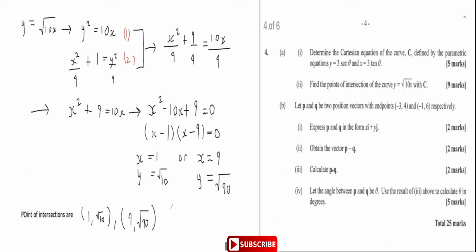Okay, nice. Now, part B, which is vectors. Vectors is the best topic in pure mathematics. So let's deal with vectors now. It says express P and Q in the form xi plus yj.